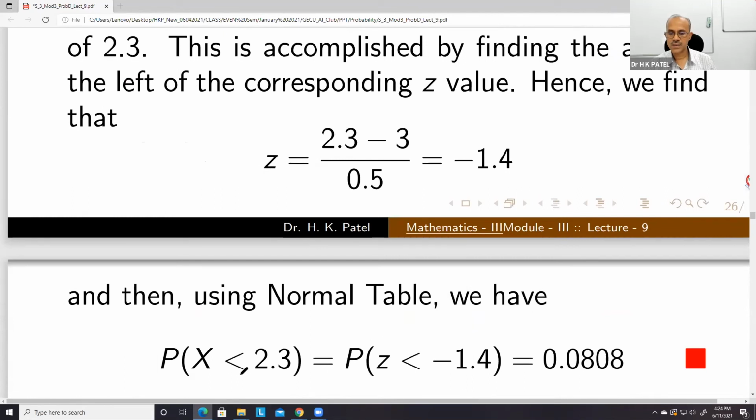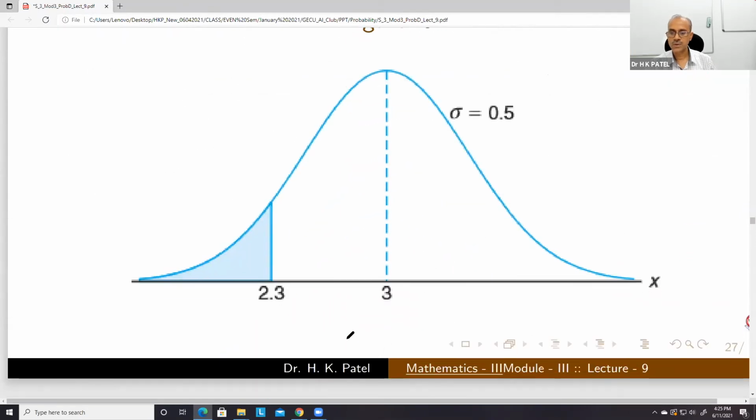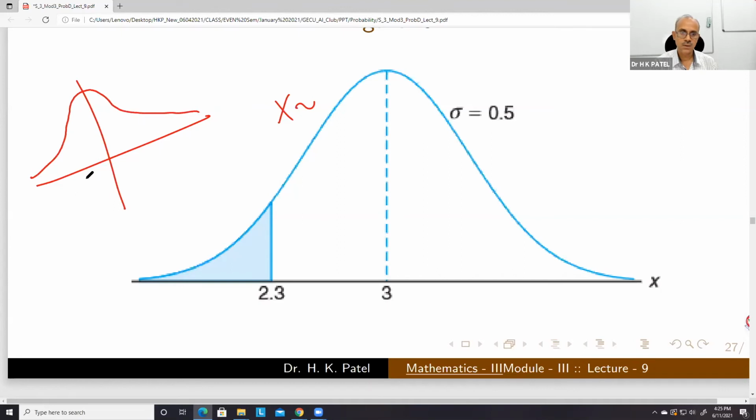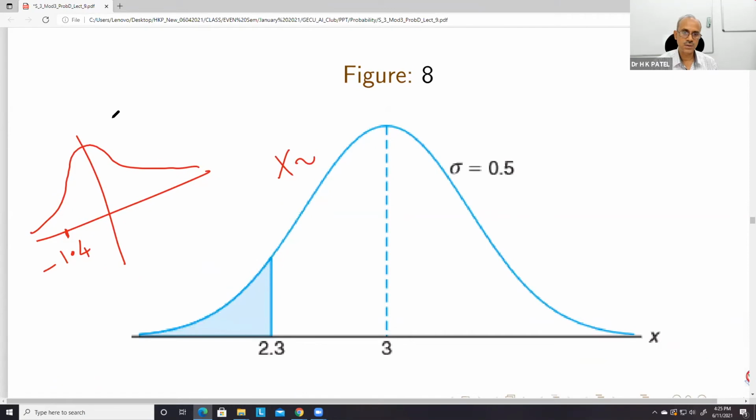Since X is less than, we have Z less than minus 1.4, so the area to the left of minus 1.4. This is actually X. Now in standard normal, it will be somewhere at minus 1.4. Is it 1.4? Yes, so this is standard normal Z.